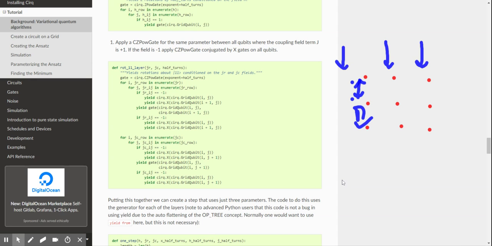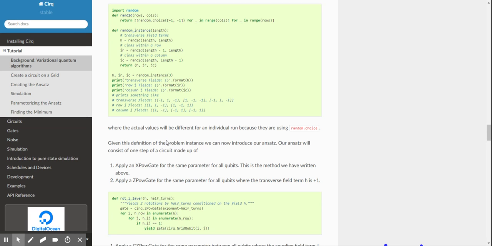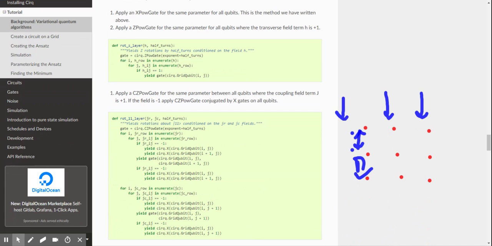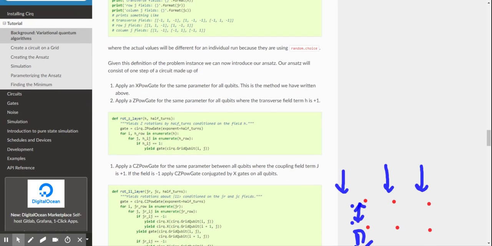So of course you're iterating over 3 columns, 1 column, 2 columns, 3 columns, and each of them has 2 interactions. And then for the row fields, that's what's confusing me. You're iterating 2 times.